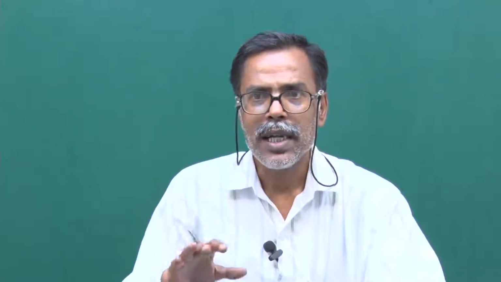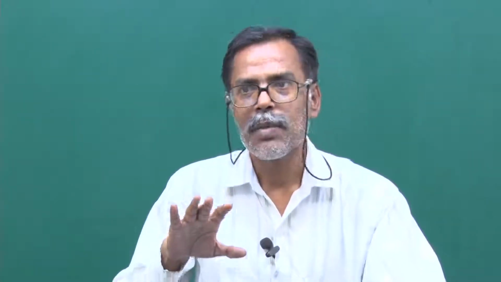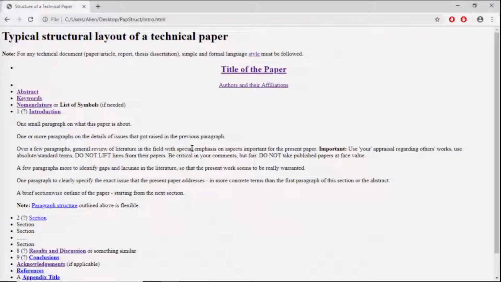So, you use your own critical evaluation of the paper and firmly but nicely put it there. And certainly do not lift lines from their papers. Not only that, it might be wrong on two counts. First, on the count of truth, and second, on the count of plagiarism. So, do not do that, and you should use standard or absolute terms.